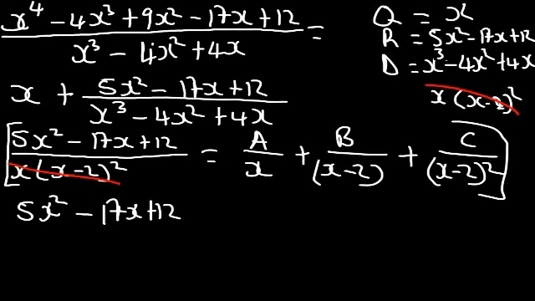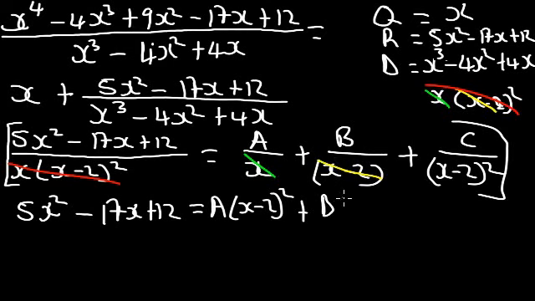For the green color, x cancels out x, and left over is x minus 2 all squared equals a multiplied by x minus 2 all squared plus, for the yellow color, x minus 2 reduces 1 x minus 2, and left over is x times 1 x minus 2. So we have b multiplied by x. Okay, let me set it as bx multiplied by x minus 2. Perfect. Now for the blue color, x minus 2 all squared cancels out, and left over is just cx.